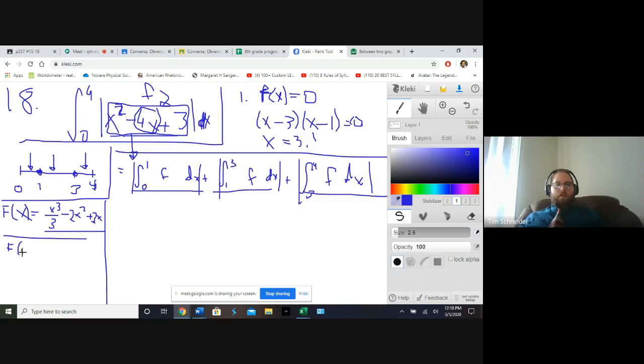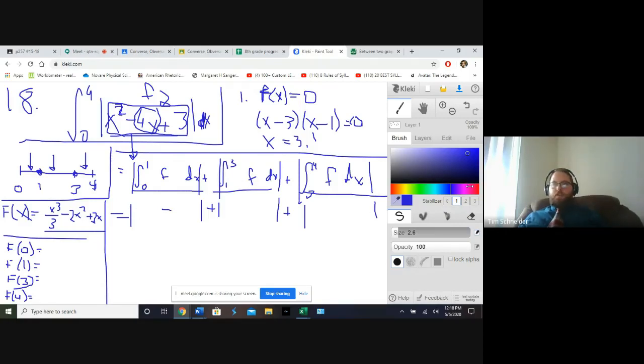So we have 0, 1, 3, and 4. Now, again, you don't have to do this part, but what you're going to be doing in the next step is putting all these values in. So it can help to know what these are, so you can put them in directly.